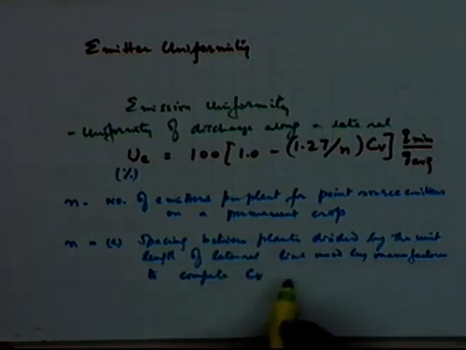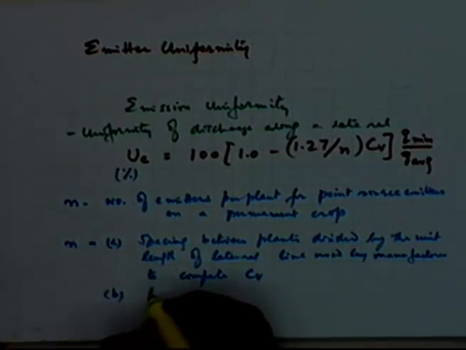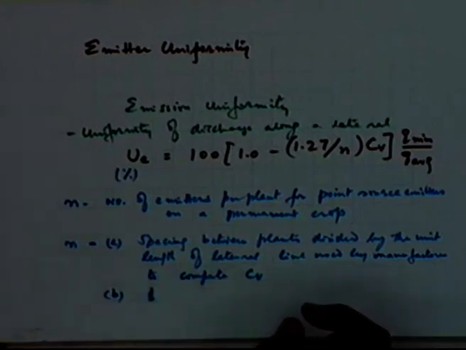CV is basically the coefficient of variation, and case B is 1.